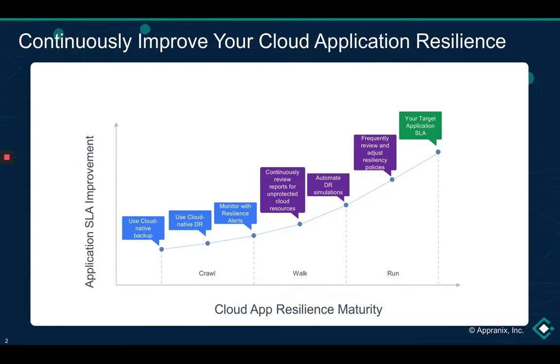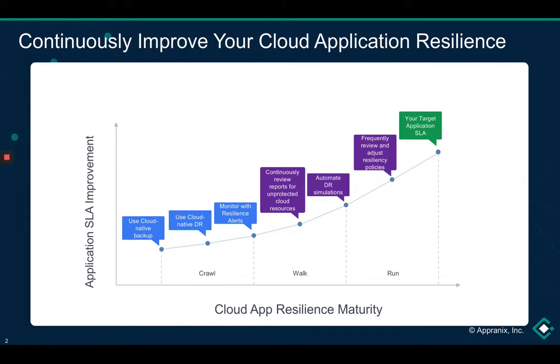Then you could slowly turn on automated DR simulations where you could configure the policy based on your requirement, based on your cloud cost scenarios, to improve the resiliency as well. That way the system will continuously learn and then Appranix informs you how fast you can recover your applications, and continuously change your policies based on your target SLAs.